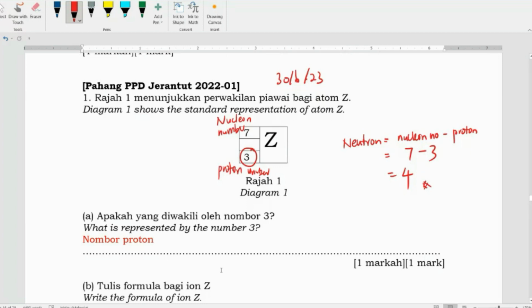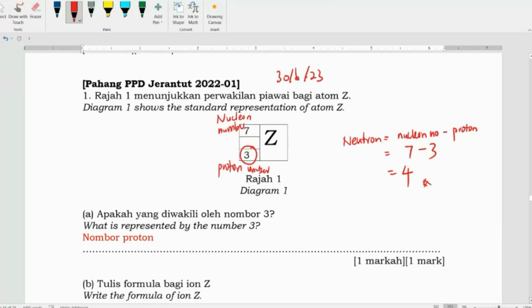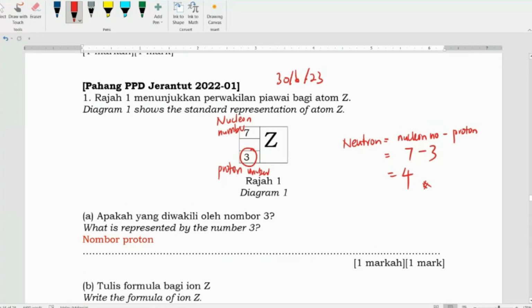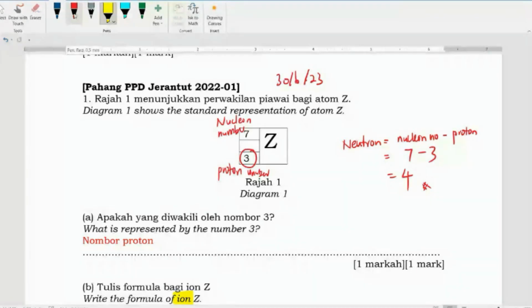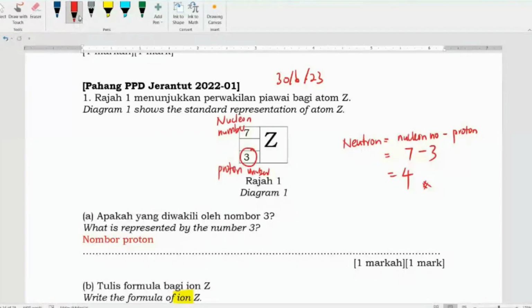Formula of ion Z. Everyone please try. Have you all tried? If not yet, please try now. After this, I will call one student. Formula of ion Z. It is the same concept as what we learned earlier. Cornelia, have you tried?